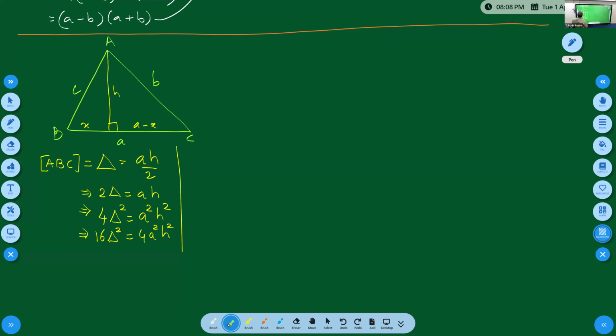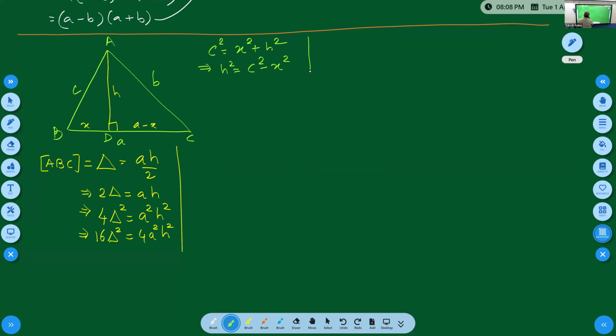First, we have to get this h into the calculations. So c square is equal to x square plus h square, by Pythagoras in triangle ABD. Also, this implies h square is equal to c square minus x square.